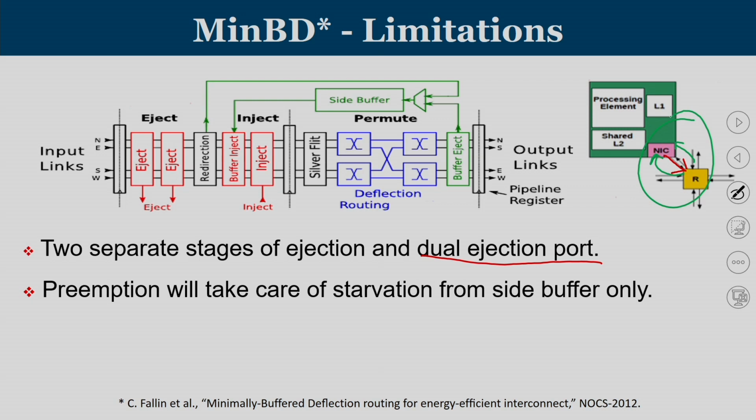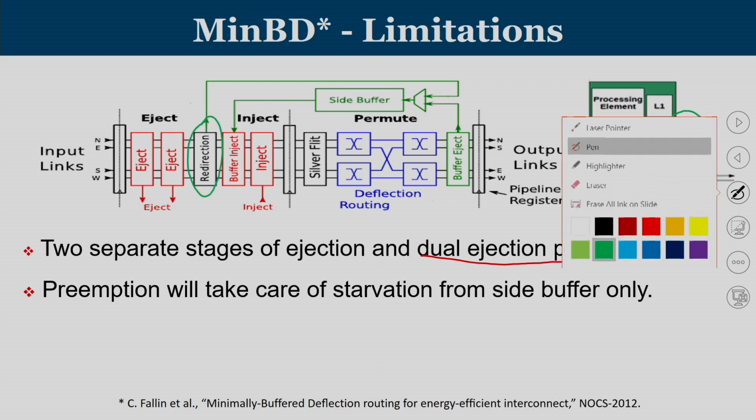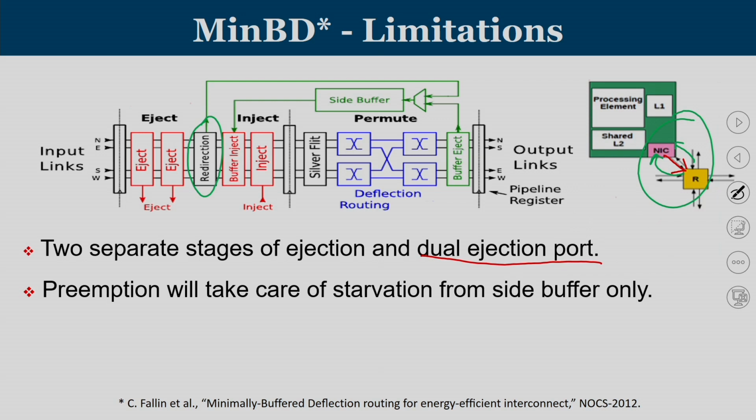Second, the concept of preemption takes care of starvation from the side buffer only. We have a circuit which takes care of the redirection aspect. Redirection is defined as follows: whenever flits are waiting in the side buffer but all the input channels are busy, that leads to starvation.